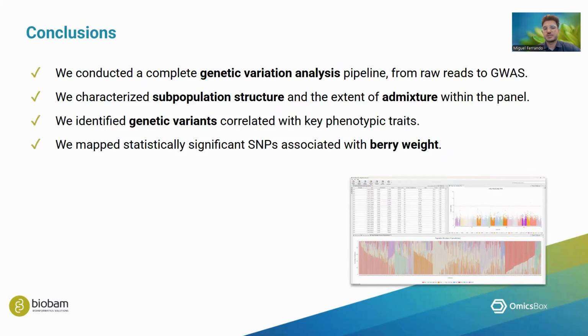We identified genetic variants correlated with agronomic traits, and then we mapped those variants associated with a specific one, which is the mean berry weight. Actually, these studies can go way beyond this analysis, and you can do enrichment analysis to study specific annotations and integrate that information as well.